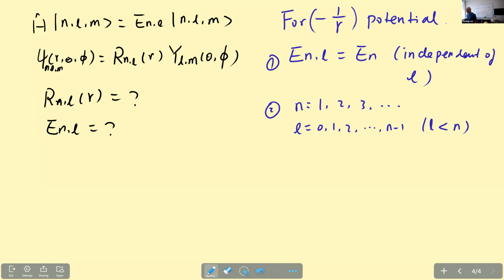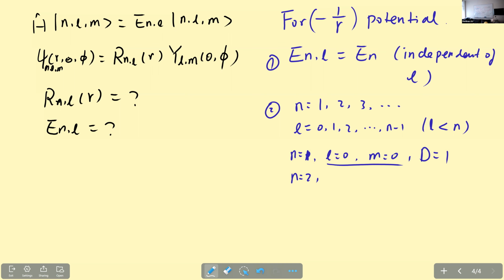So this is another important feature of the solutions of this one. So that means, for example, if n equal to 1, you have l equal to 0, and then m must equal to 0, right? Okay, so that's the only possibility. So the degeneracy D equals to 1. So all of these states have the same energy, okay?